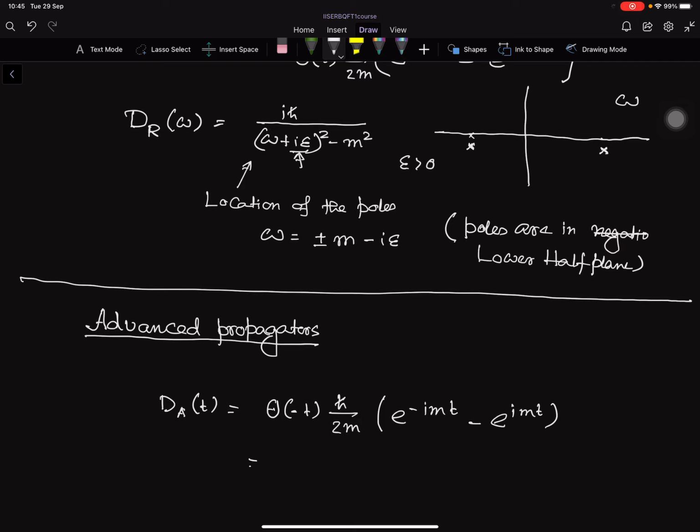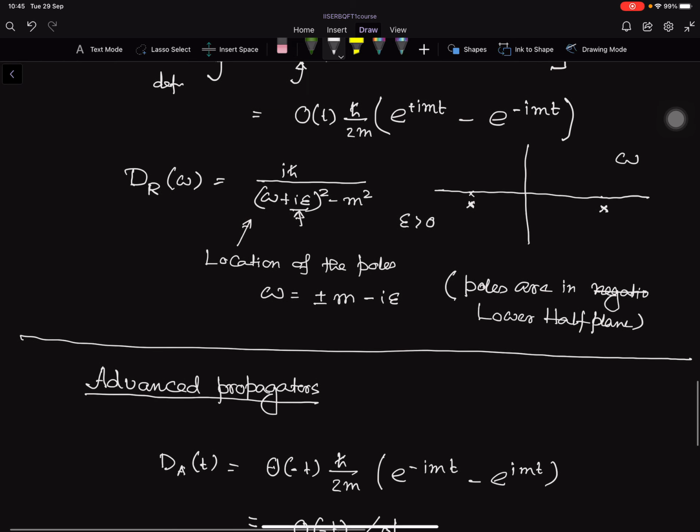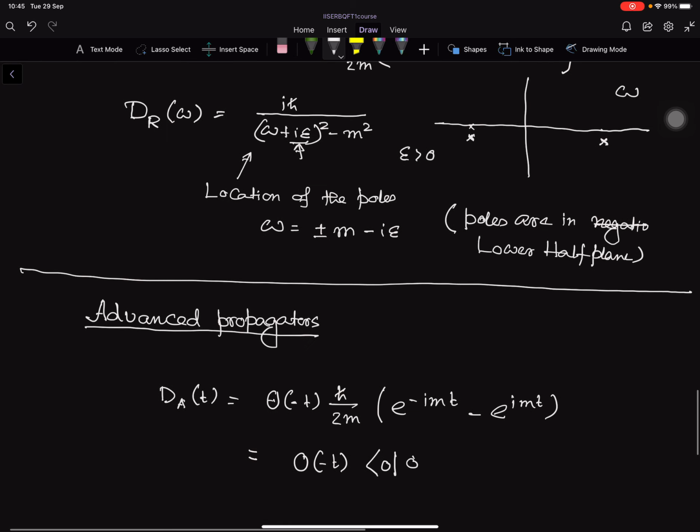So this is just theta of minus t, vacuum expectation value of the commutator. Okay, so this is the definition of the advanced propagator.